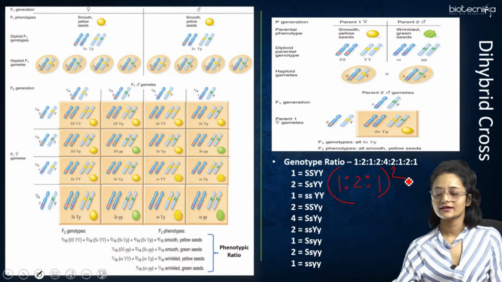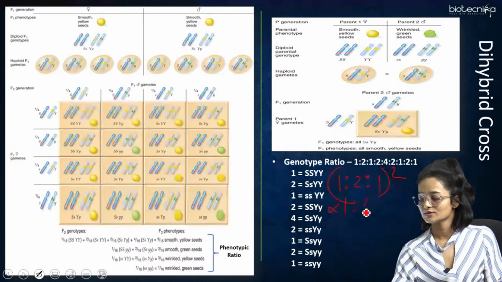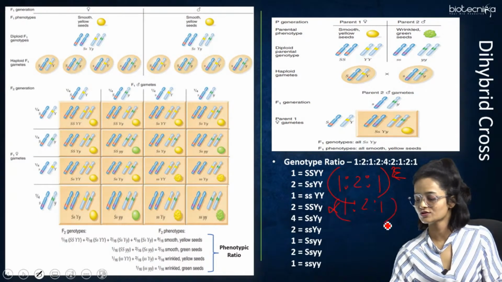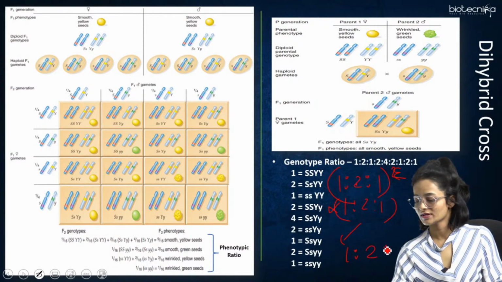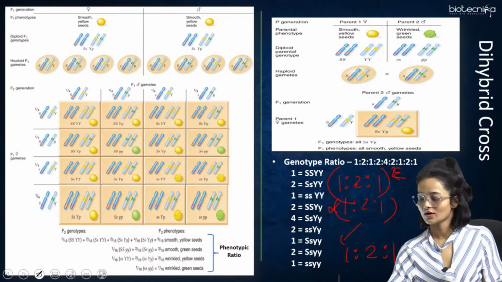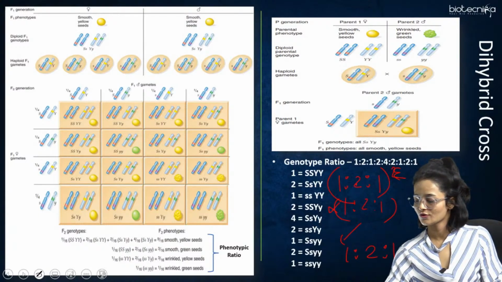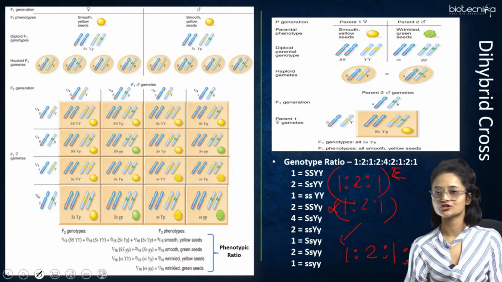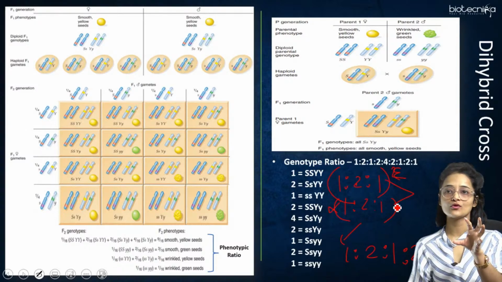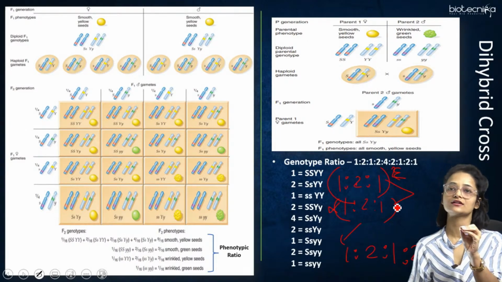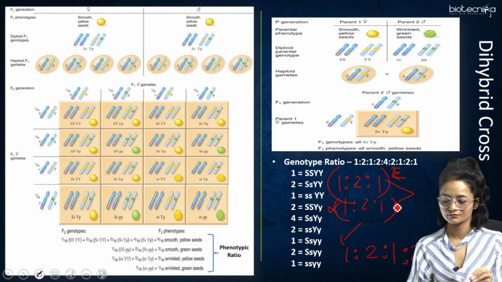So when we multiply 1:2:1 by 1:2:1, the ratio which comes would be 1:2:1, 2:4:2, 1:2:1. This would be the ratio.